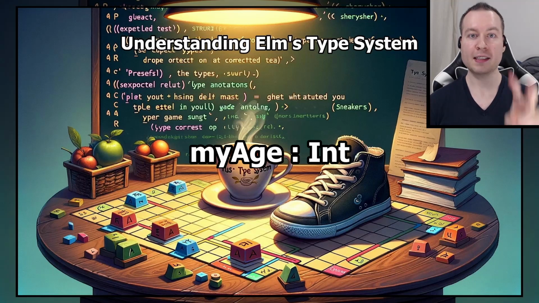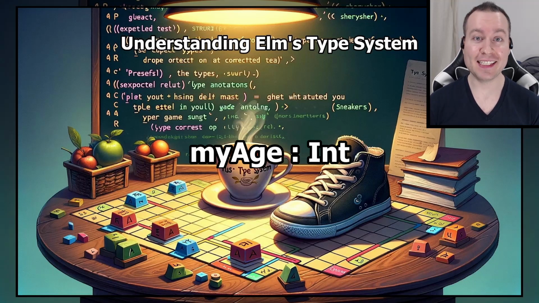For instance, myAge : Int declares that myAge is an integer. Imagine asking for a cup of tea and getting a sneaker instead. Elm's type system makes sure that you always get the tea. Specifically, type annotations ensure that that never happens.